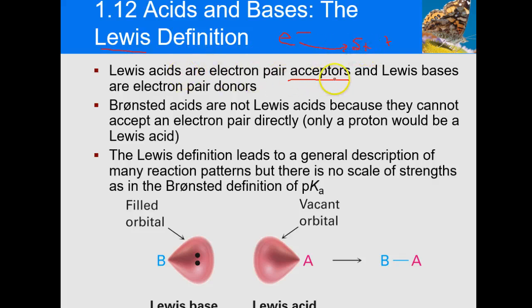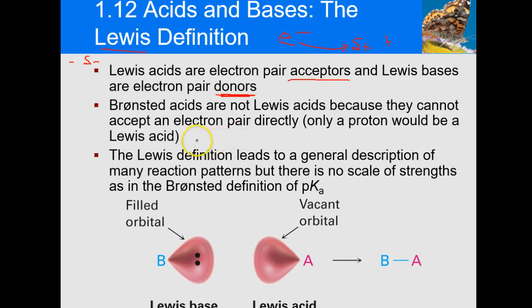So Lewis acids are acceptors, where bases are negative charge or partial negative. So what do they do? If they have a negative charge, they have extra electrons. They want to get rid of the electrons, therefore they are a donor of electrons, electron pair donors. All right, so Lewis acids are acceptors, Lewis bases are donors.